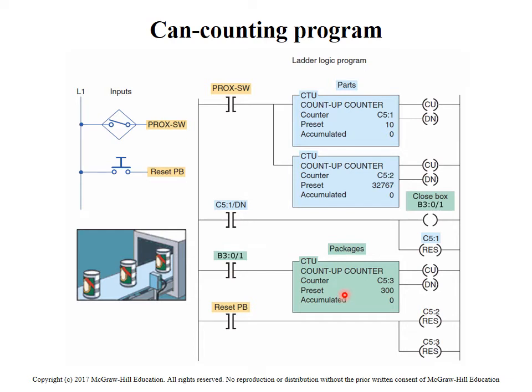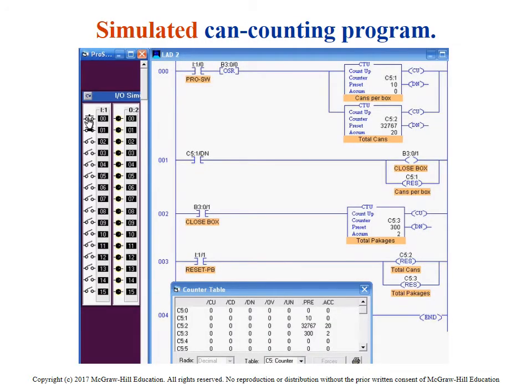This B301, it's going to stay here. So this is going to count the number of packages. Every time we close a box, it's going to count that package. So I guess we can get up to 300 packages here. Every time that prox switch goes on, we count up the packages here, and every time this counts to 10, it increments this value by 1.